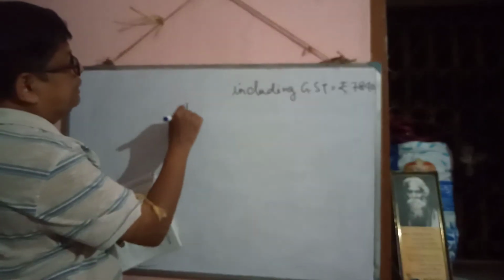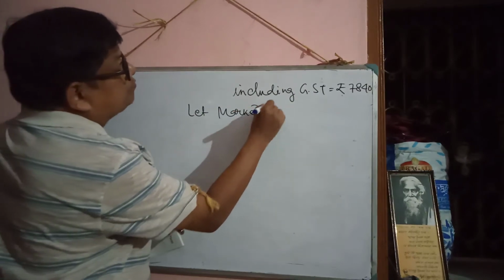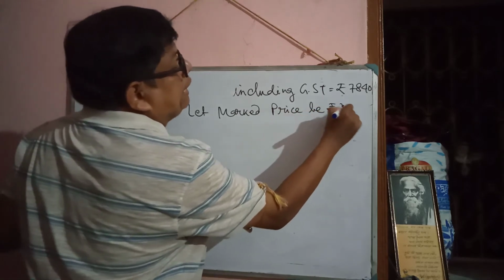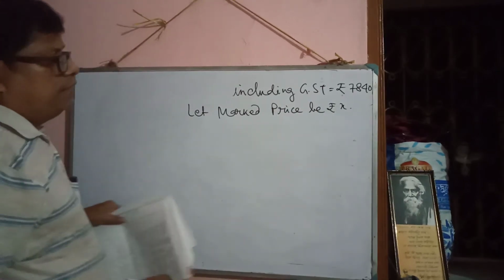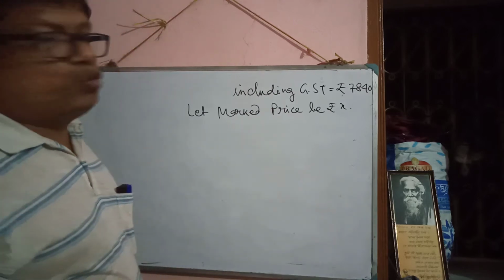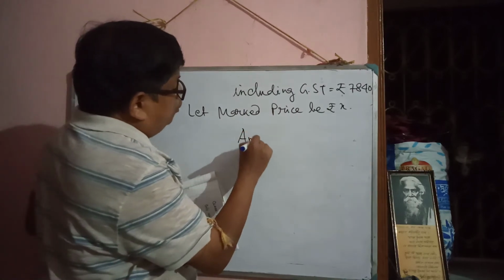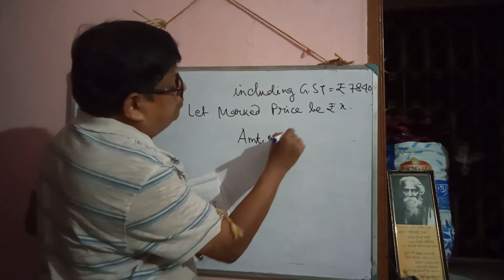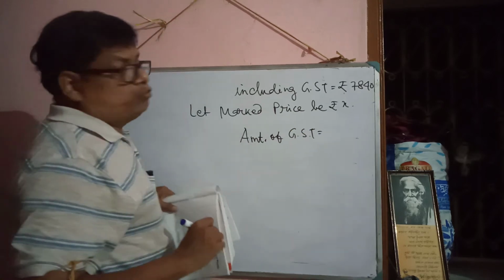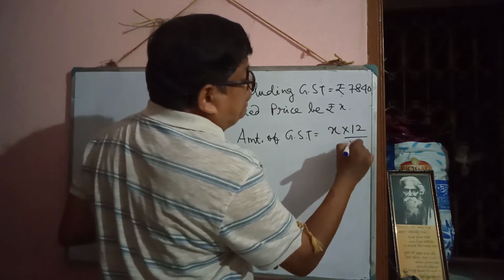So let the mark price be rupees x. 12% GST is given. So the amount of GST equal to x of 12%, that is 12 by 100.